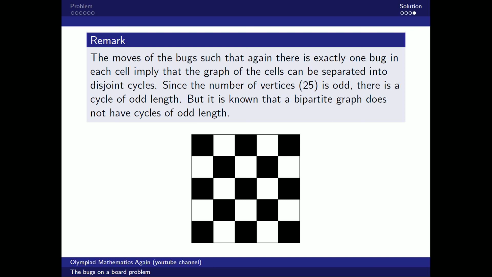So this very coloring that we considered in our solution demonstrates that this graph is bipartite. I just wanted to mention this connection with some notions from graph theory.